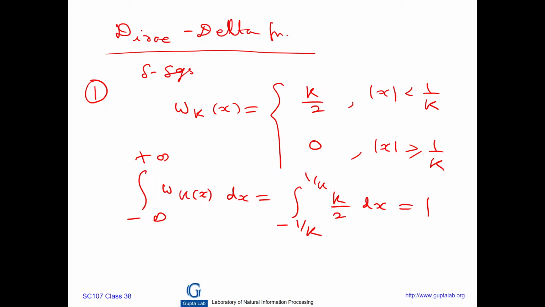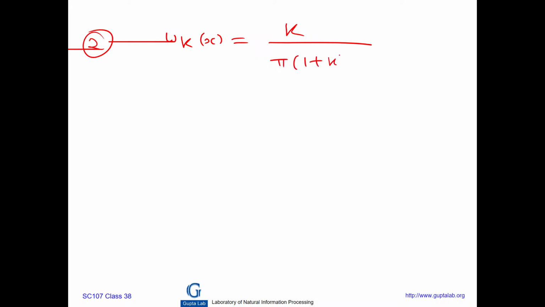So let me show you something about this function. This is one representation. Another representation, so I am defining these delta sequences. Second representation: omega k of x is equal to k divided by pi times 1 plus k square x square, where k is positive.